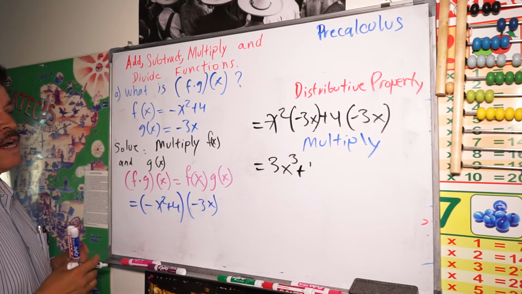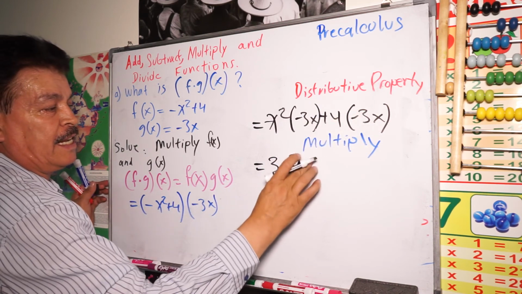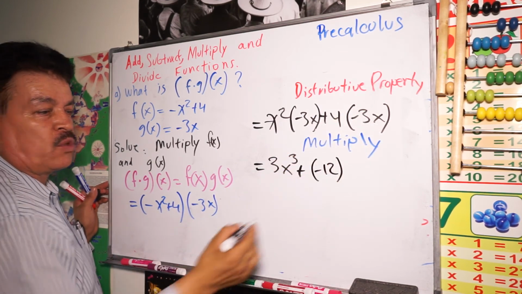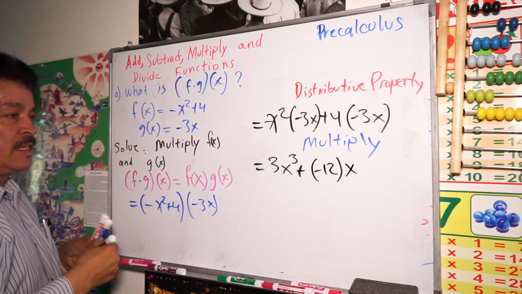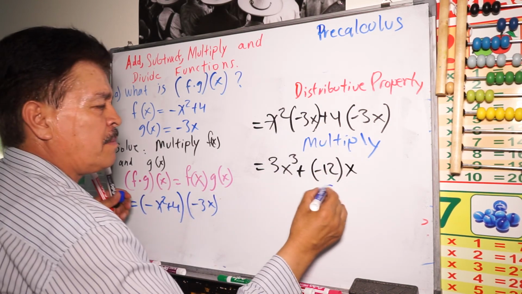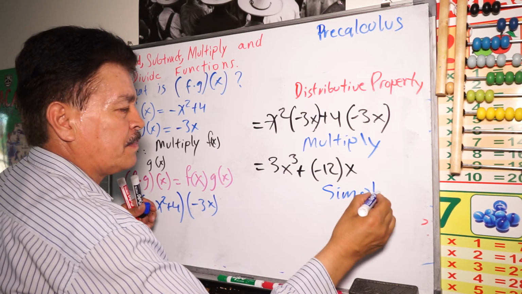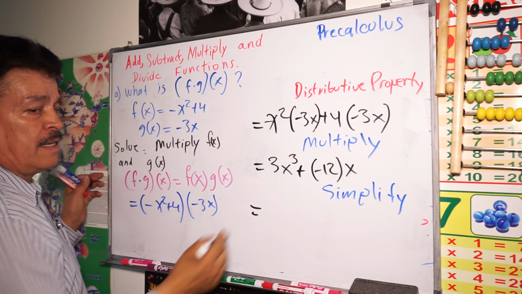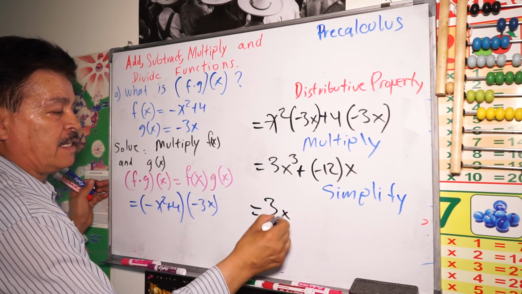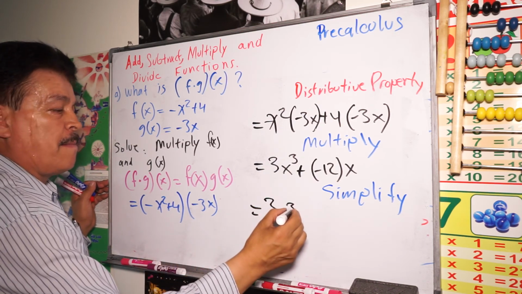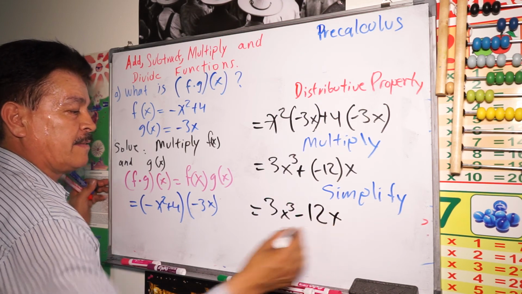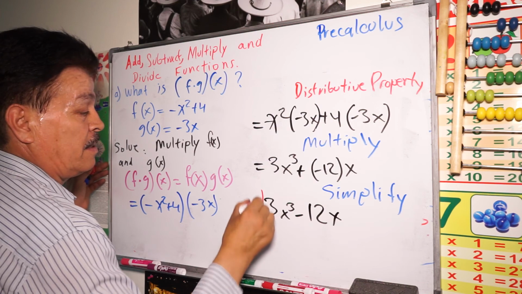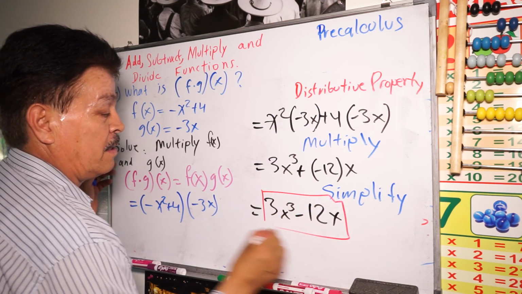Plus 4 times negative 3x is negative 12x. We simplify, and we have 3x to the third power minus 12x. This is the answer right here.